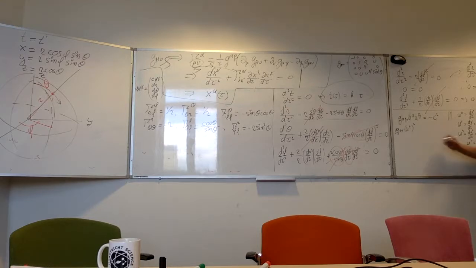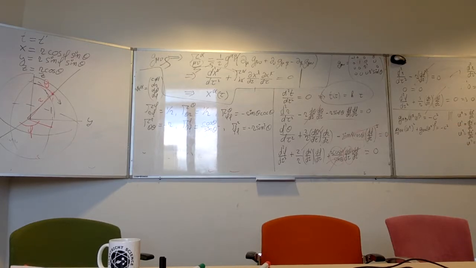It's the same for RR. And in principle there is also theta theta and phi phi. Well, the G theta theta and G phi phi are not 0, but they're going to be multiplied by 0, so might as well not write them down. So this is all there is. Equals minus c squared.